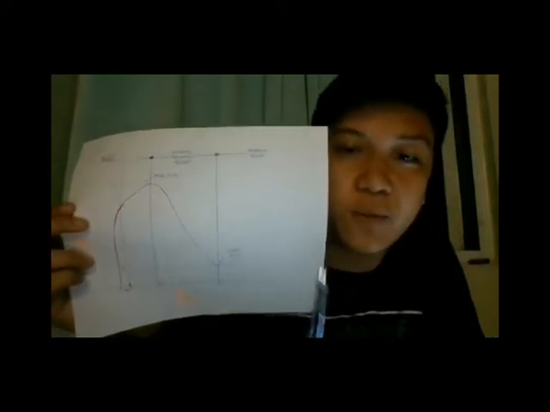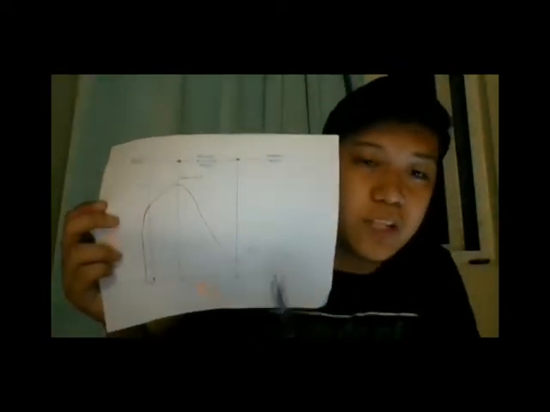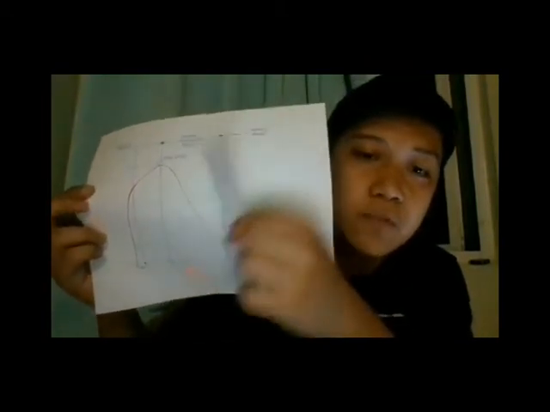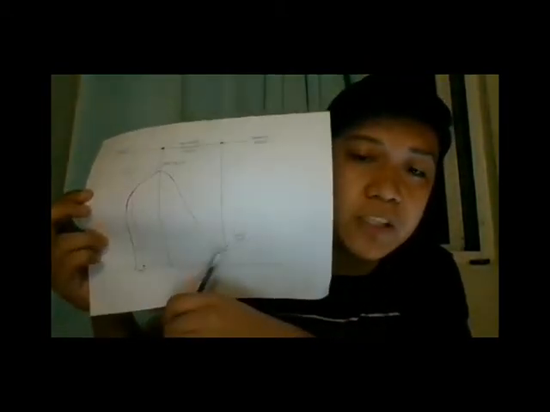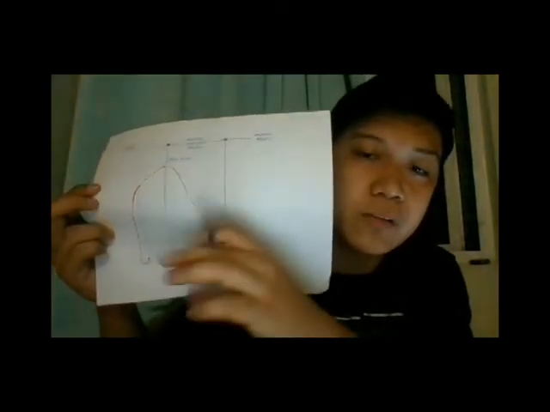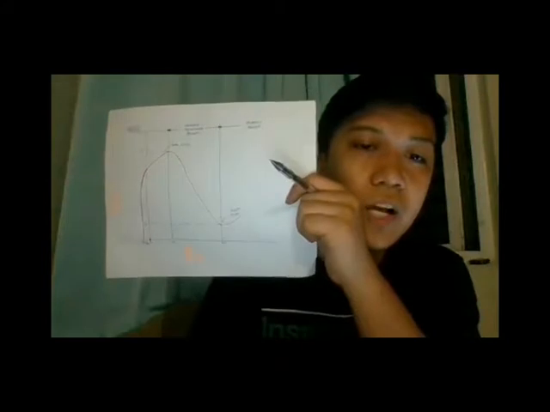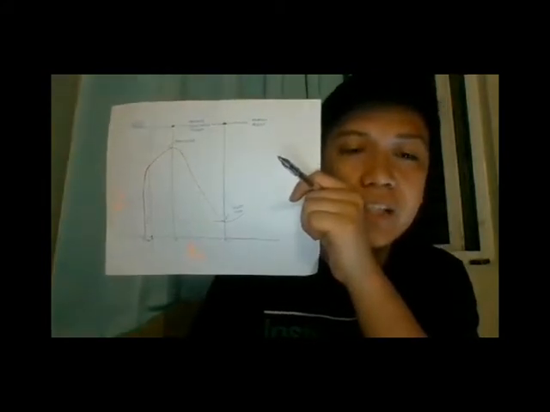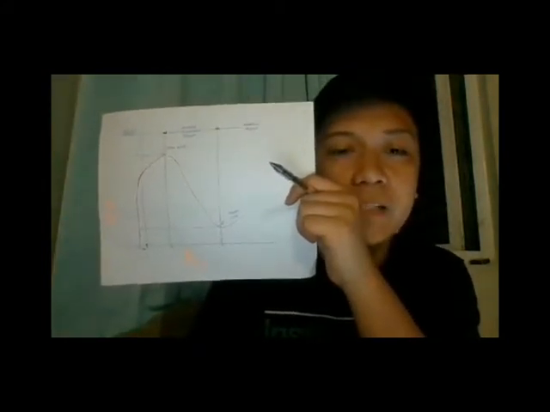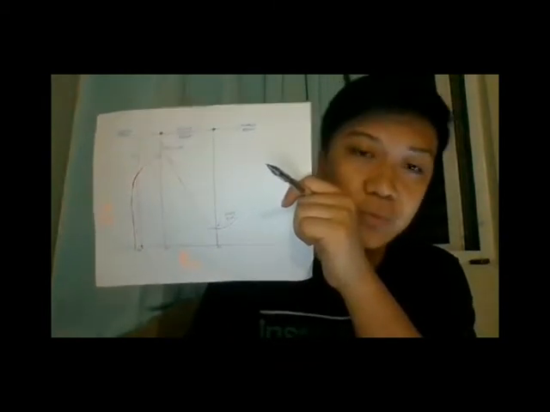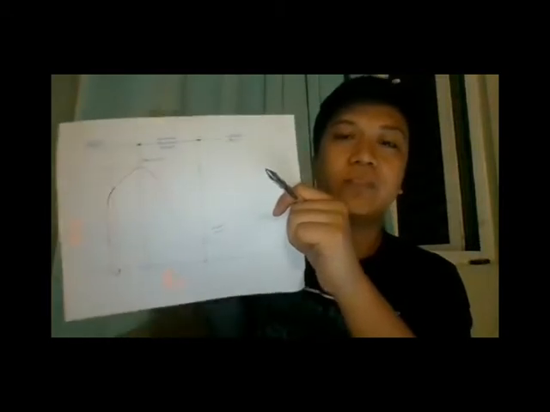Kaya nangyayari yun. Then after that, tuloy-tuloy na yung pagbaba ng emitter voltage saka emitter current hanggang sa ma-reach niya yung valley point. Kapag na-reach niya yung valley point, ang mangyayari sa device is that it will draw into saturation. So, mag-off ng device. Yun.